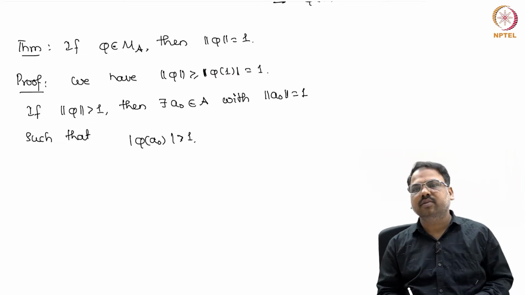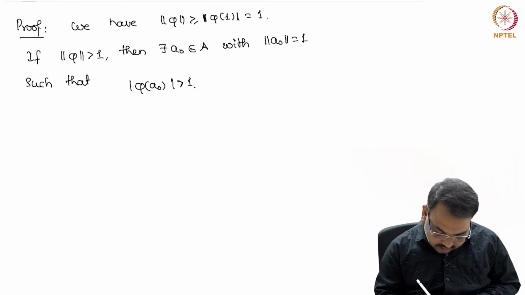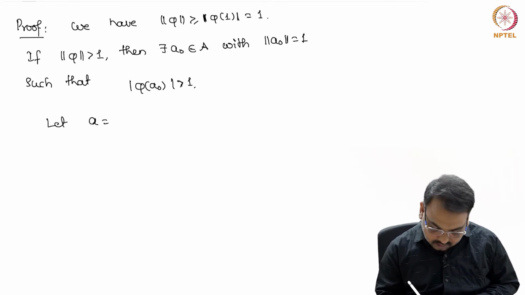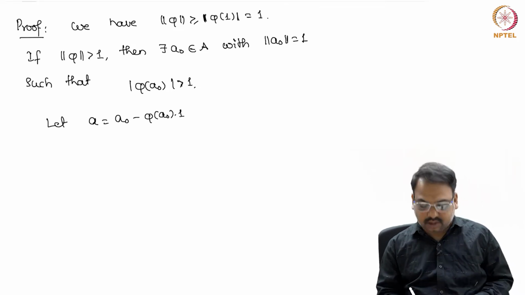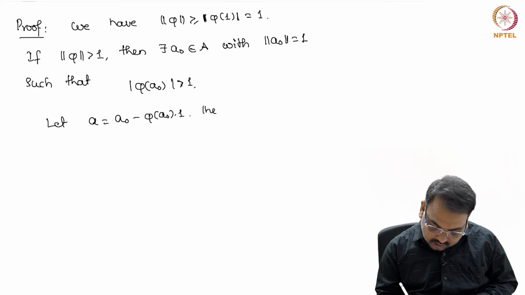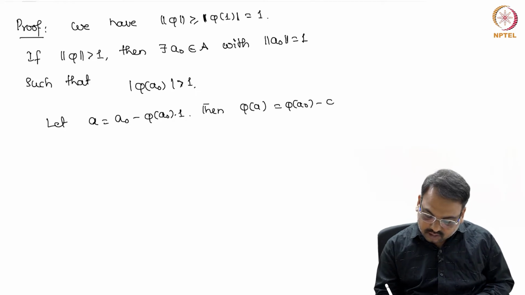This directly follows from the definition of the norm of phi. Now let us take a as a naught minus phi of a naught multiplied by the unit element. Then we can easily show that phi of a is phi of a naught minus phi of a naught into phi of 1, that is 1.